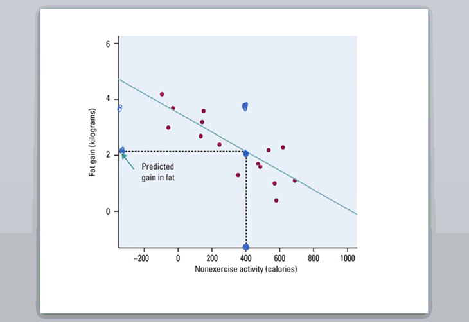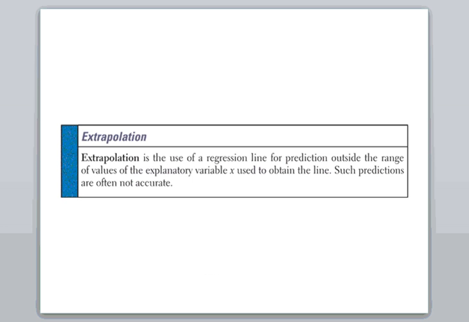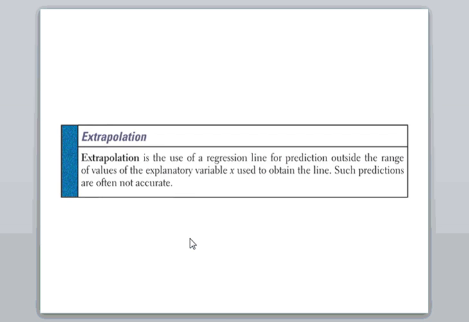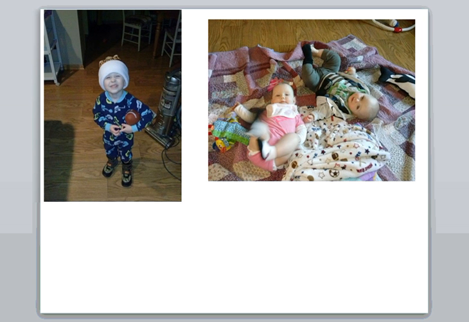As we work with least squares regression lines, we need to be careful of something called extrapolation. Sometimes we can use these equations to predict data that's out of our range, and we'll get some data that is incorrect. For example, my son Roman is currently 3 feet tall, and he's 2 years old.